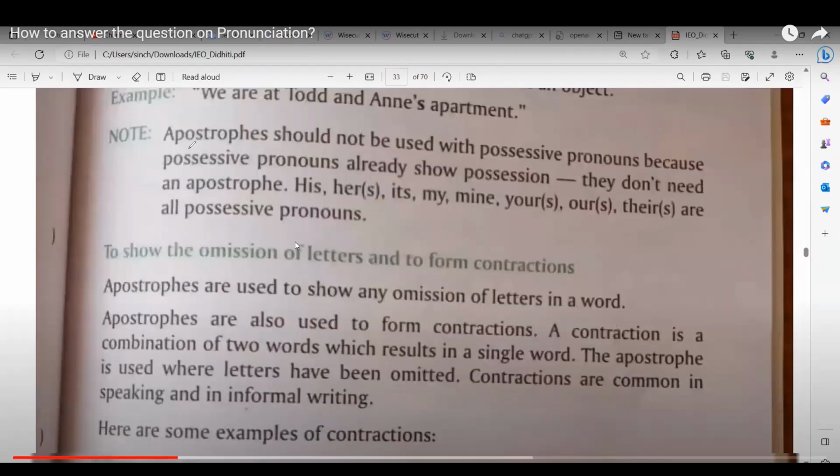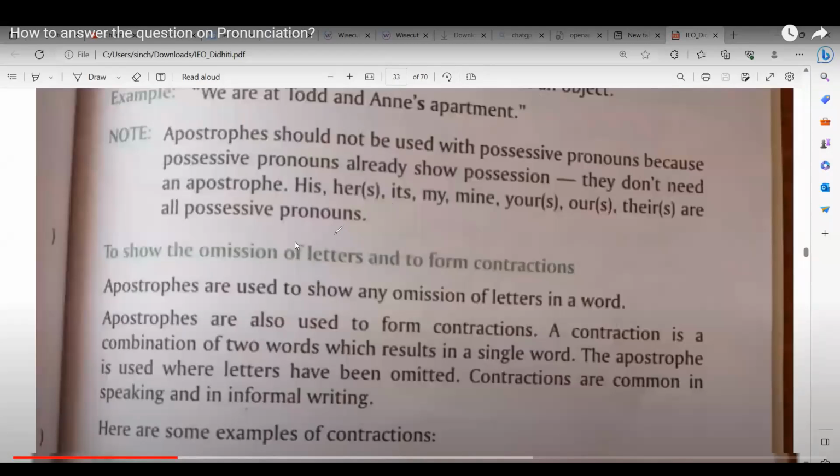Shruti, you read this line. Read it from here. Apostrophes should not be used with possessive pronouns because possessive pronouns already show possession. They don't need an apostrophe. His, hers, its, mine, yours, ours, theirs are all possessive pronouns.